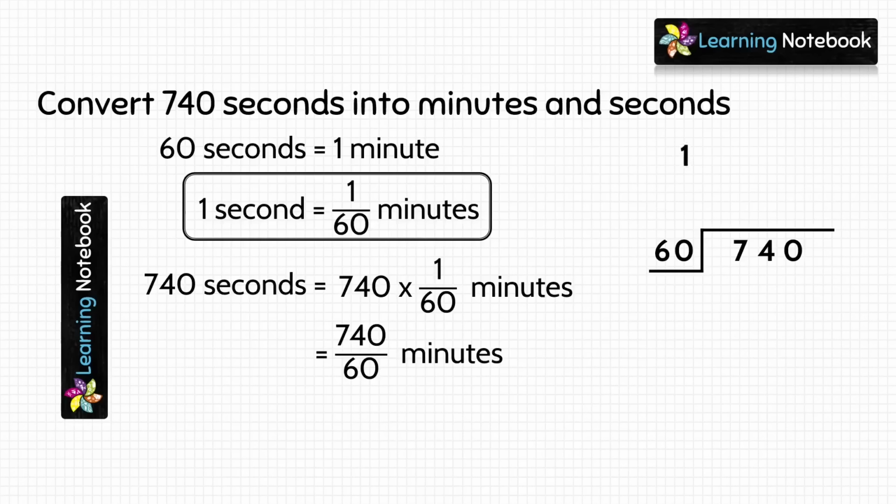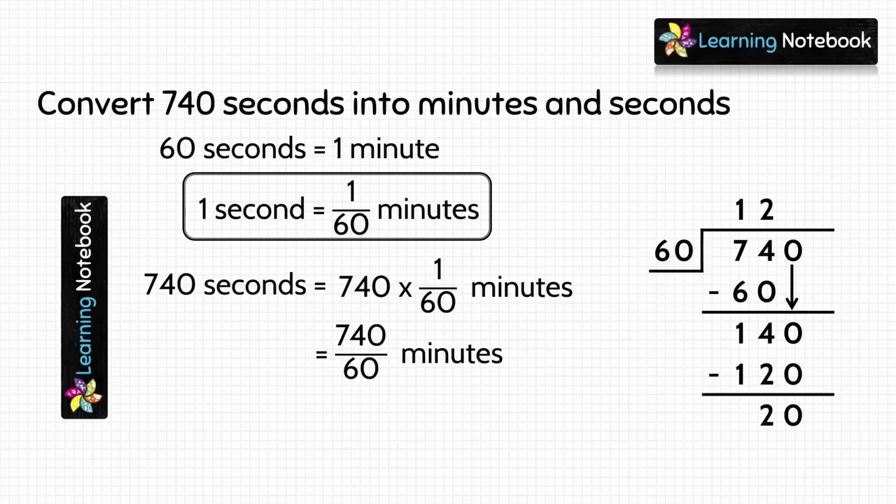60 into 1 equals 60 and 74 minus 60 equals 14. Copy the next digit 0. Now 60 into 2 equals 120 and 140 minus 120 equals 20.